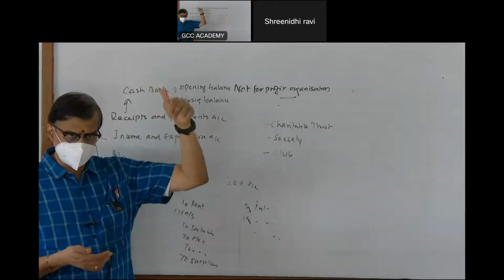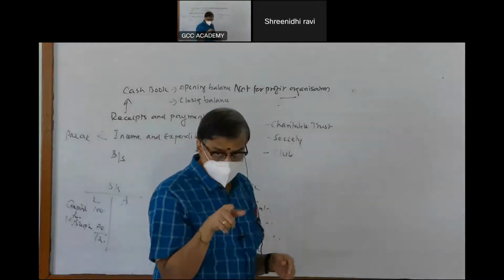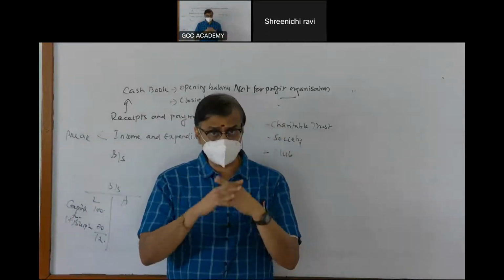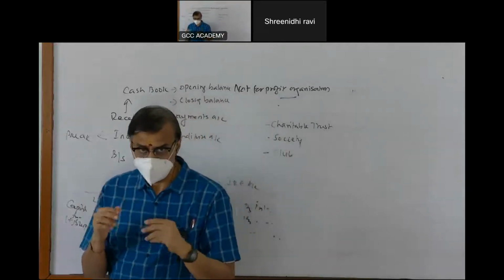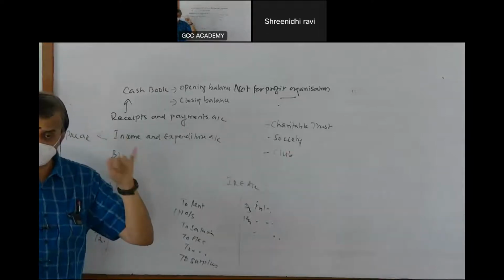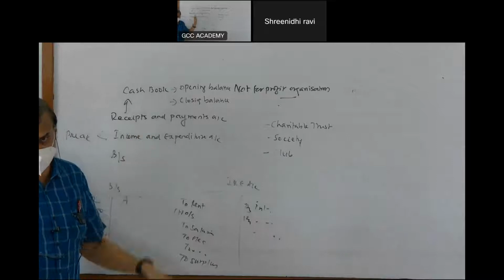Opening balance, cash, bank, receipts. Now, when you prepare a cash book, you know that it covers all types of transactions, capital or revenue. There is no distinction. Capital expenditure, revenue expenditure, capital receipts, revenue receipts, everything is recorded in cash.